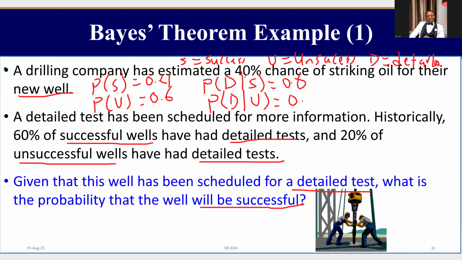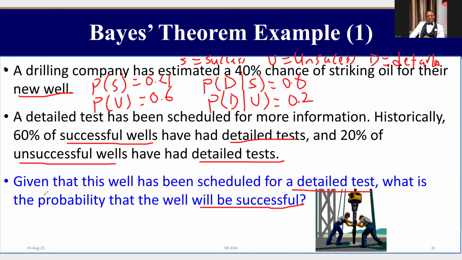Do you know what the question is asking you to do now? We filled in all the numbers. Now watch the question. What you see here is the probability that you do a detailed test even when it is successful striking, and even when it is unsuccessful striking. So what are we looking for? It says, given that this well has been scheduled for detailed test.